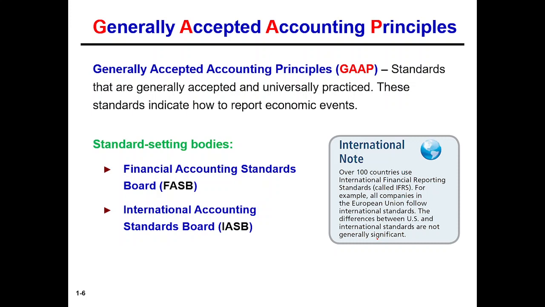But who will issue such principles? We have many standard setting bodies. The most important standard setting bodies universally are the Financial Accounting Standards Board, FASB, and the International Accounting Standards Board, IASB.